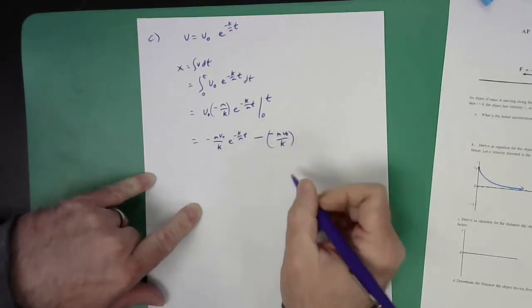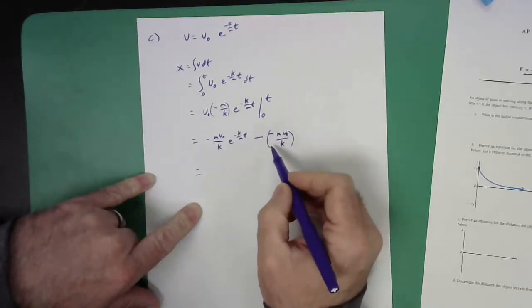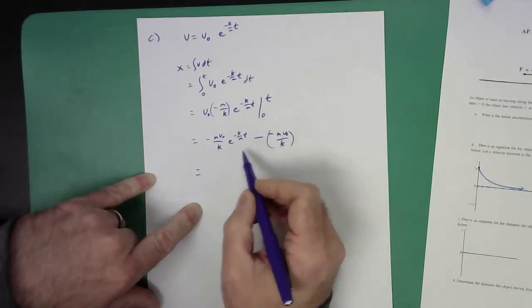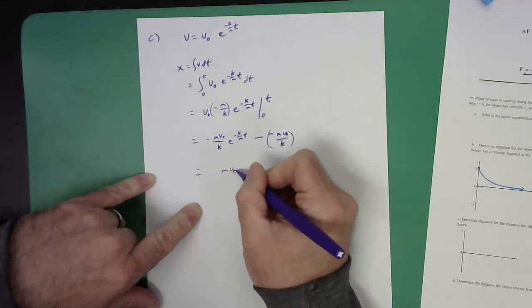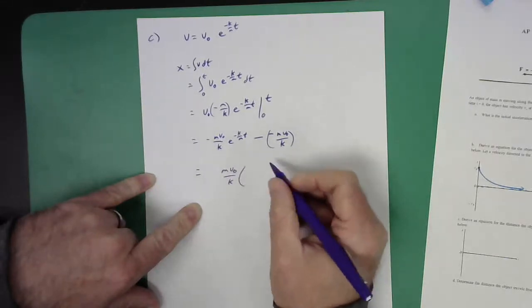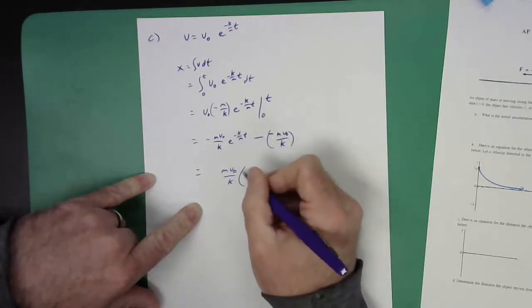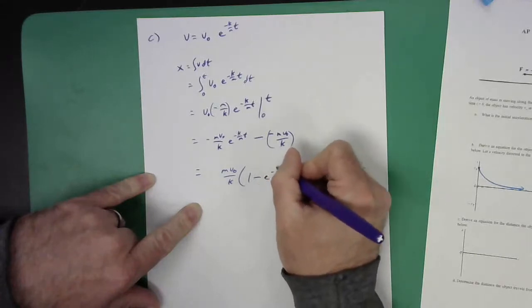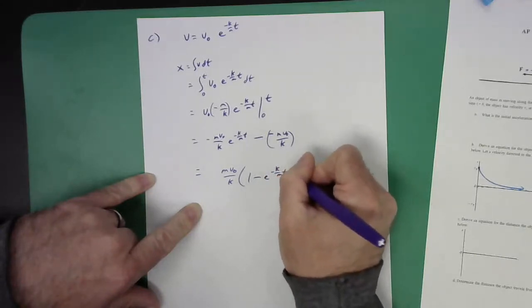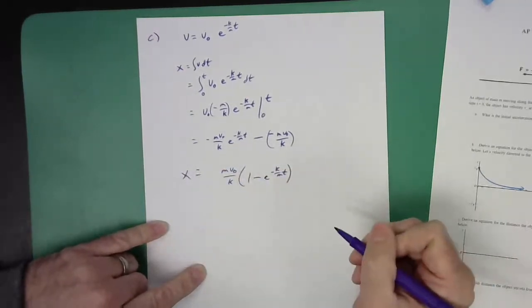Minus minus makes it a plus, so I have an m v naught over k and an m v naught over k, so I'm just going to factor that out. It's like a plus 1 when I factor it out, so I put the 1 there, and then minus e to the negative k over m t. Okay, this is what I ended up with as my position equation.